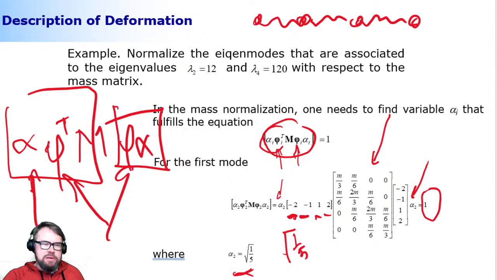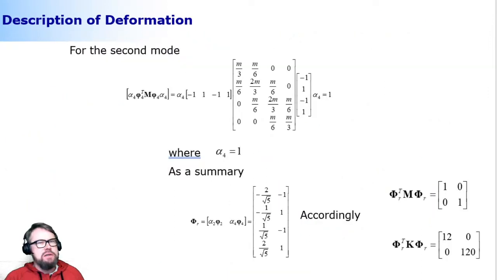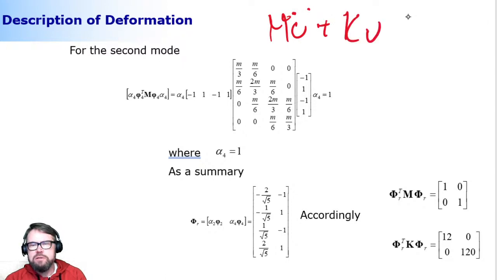Okay, now here are the scaling for other modes. What I'm doing here is, as a result of my eigenvalue analysis, I'm going to write my original equation of motion by using a model reduction.